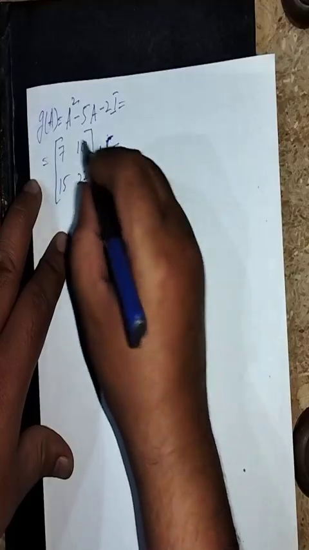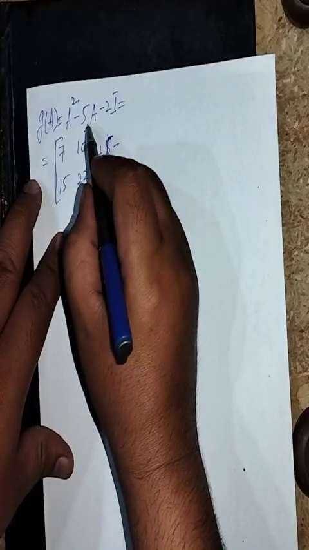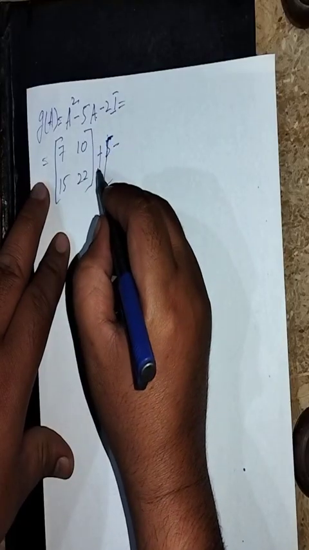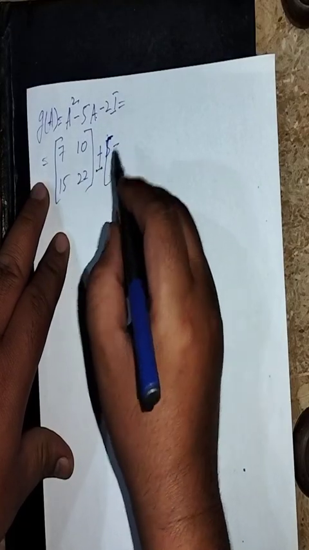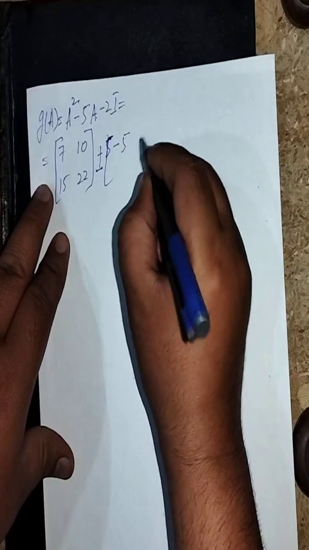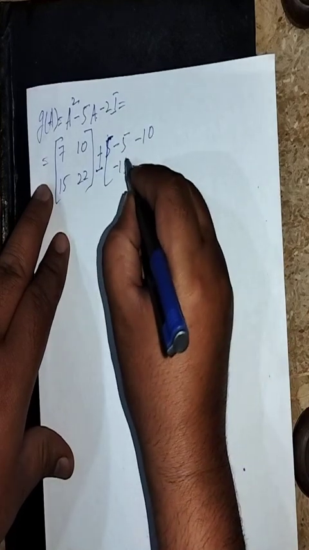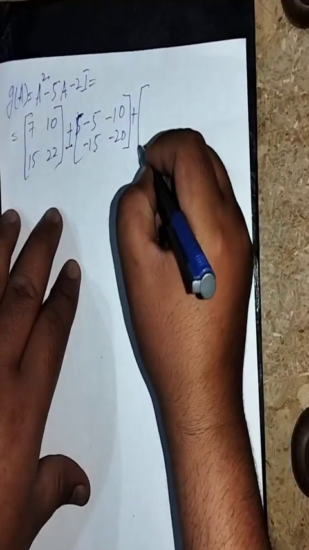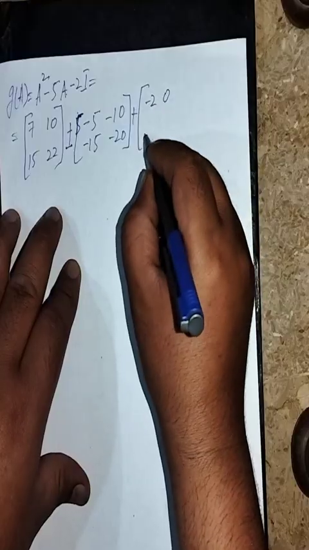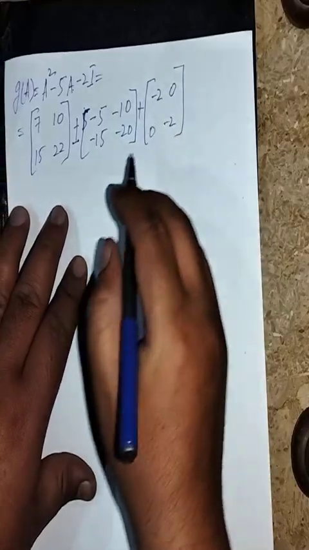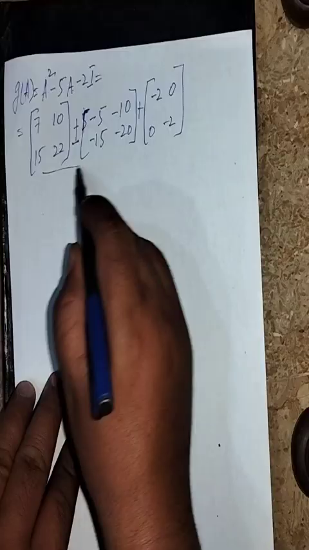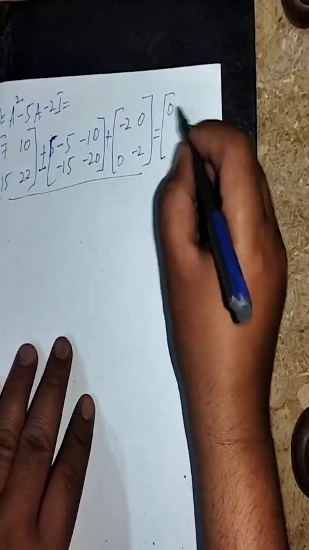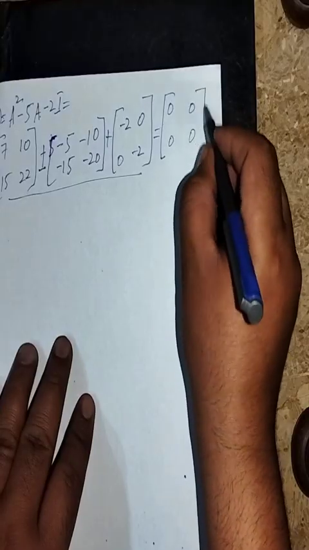I have multiplied minus 5 with matrix A. Then you can replace this minus symbol here with an addition symbol. Minus 5, minus 10, minus 15, minus 20, plus minus 2, 0, 0, minus 2. After adding these three matrices, you can verify that this will result in the zero matrix.